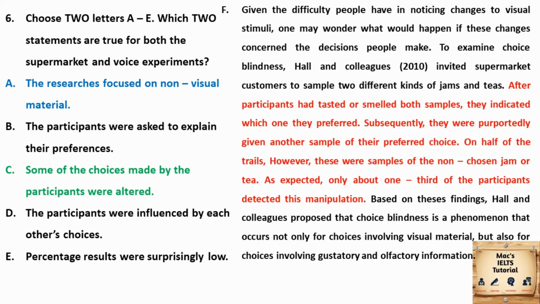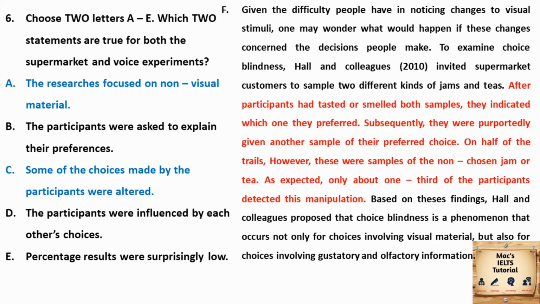Subsequently, they were purportedly given another sample of their preferred choice. On half of the trials, however, these were samples of the non chosen jam or tea. This piece of information clearly states that feature C matches with para F. Let's look at the next feature.